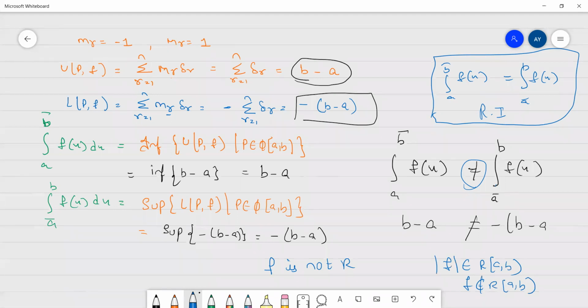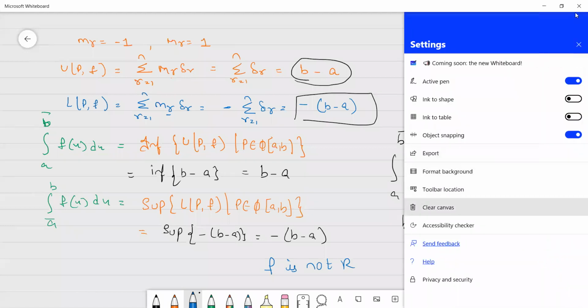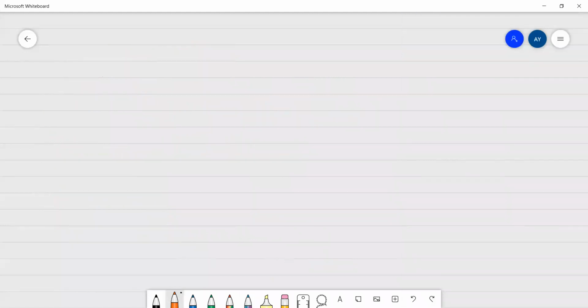Next you have a few important note points. Just make a note of it. Note: if f is bounded on the closed interval [a, b], that is, it has both supremums and infimums, or lower bounds and upper bounds, then the first condition is that the upper integral of f(x) dx equals, as we are talking about the upper Riemann integral, the limit as n tends to infinity of U(P,f).